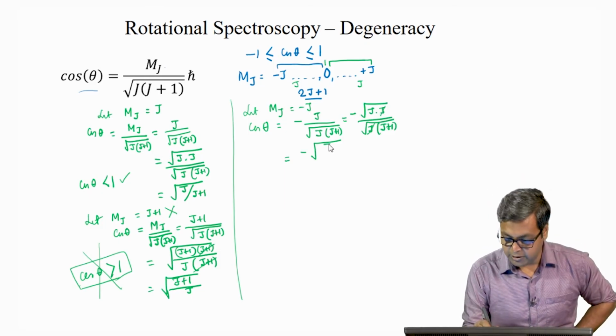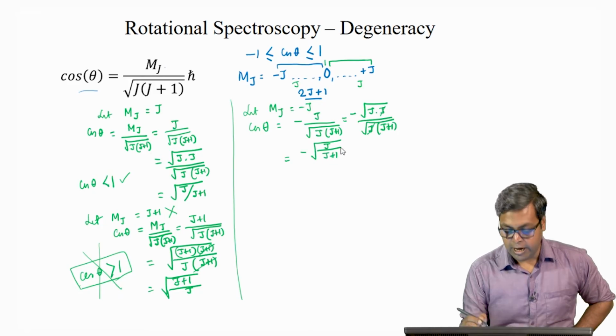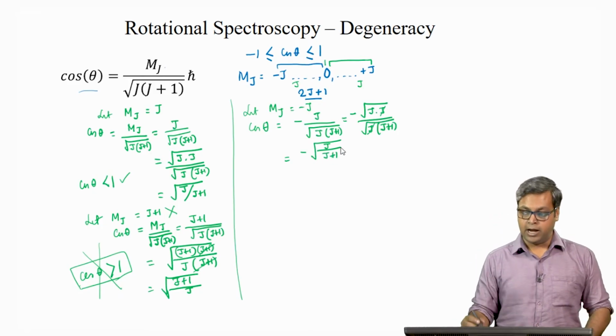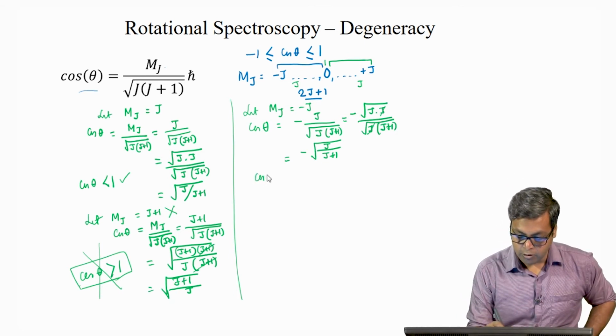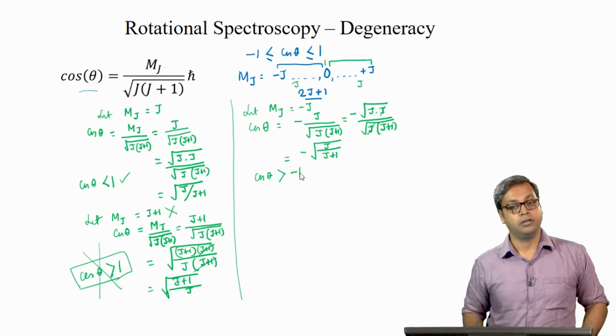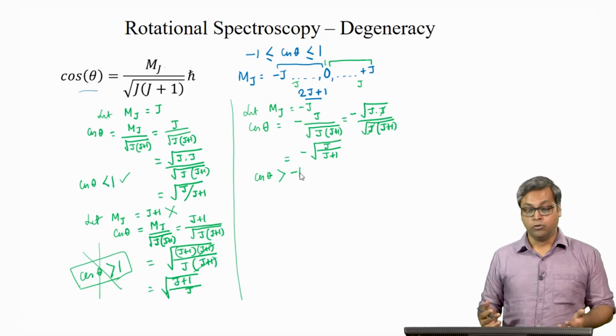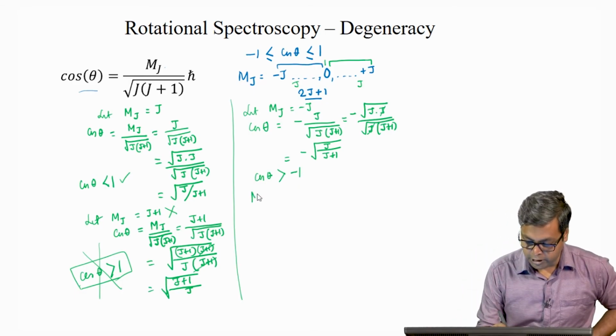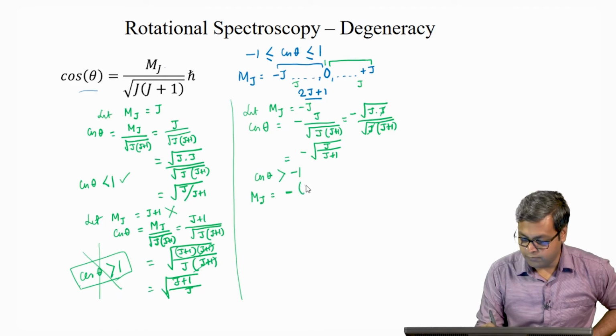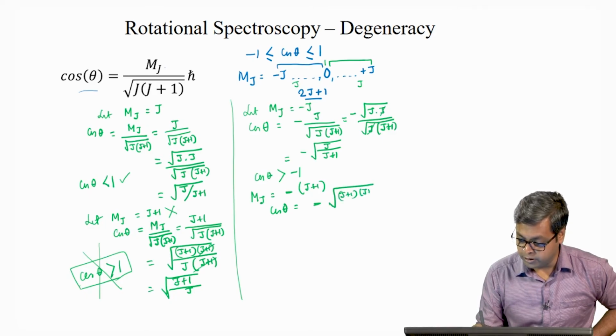So, what we get is minus root over j by (j plus 1), and because we have a negative sign and within the square root we have a number that is less than 1, we can say cos theta is greater than minus 1. So, this is again a permissible value. So, m_j can take a value of minus j. However, if we put m_j equals minus of (j plus 1), then cos theta becomes minus of root over (j plus 1) times (j plus 1) divided by j times (j plus 1).